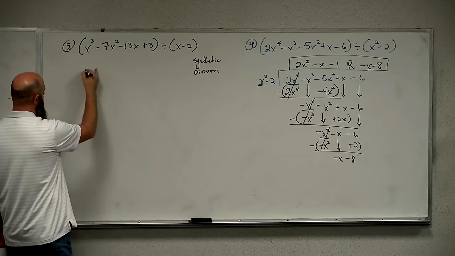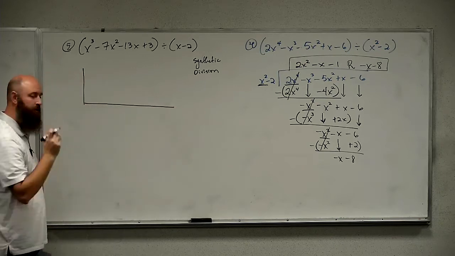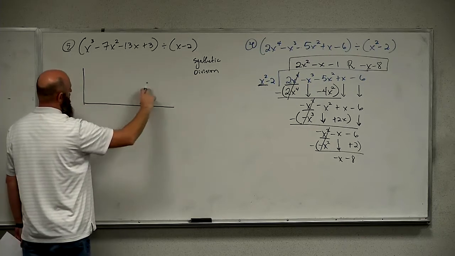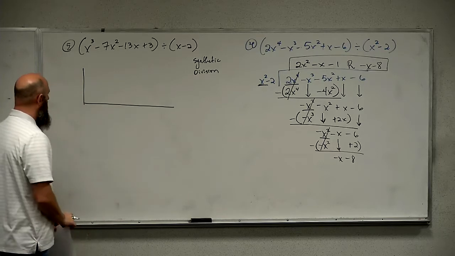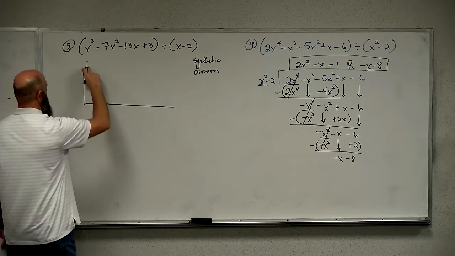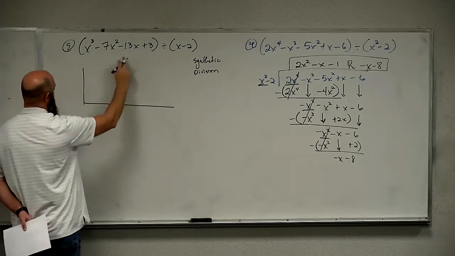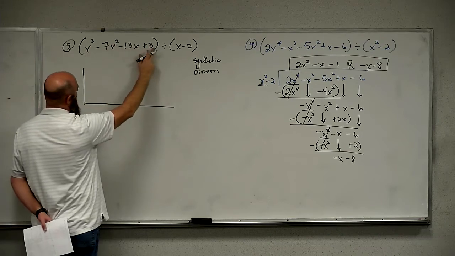All right, so for synthetic division, we're going to draw this box. You want to use two lines because we're going to have a lot of numbers up here and below within those. All right, let's look at those numbers first. On the top, we're going to get those numbers from these coefficients. Now, again, we need to make sure our powers are represented. 3, 2, 1, 0.